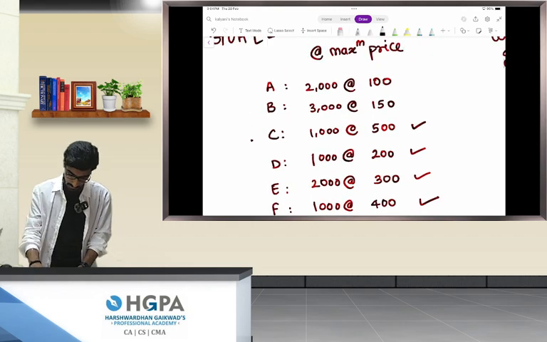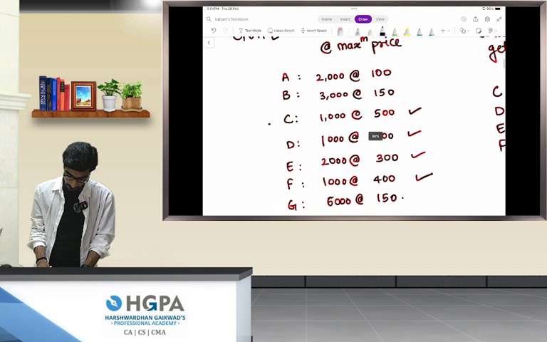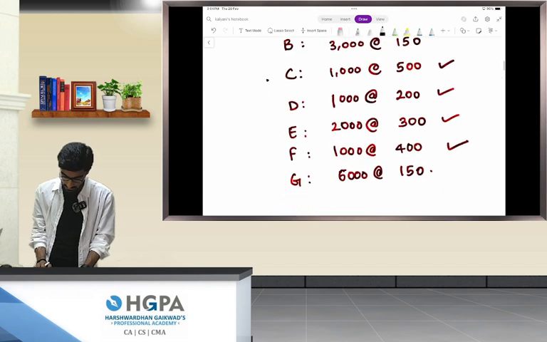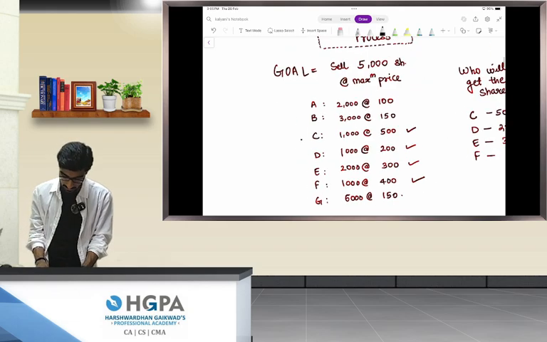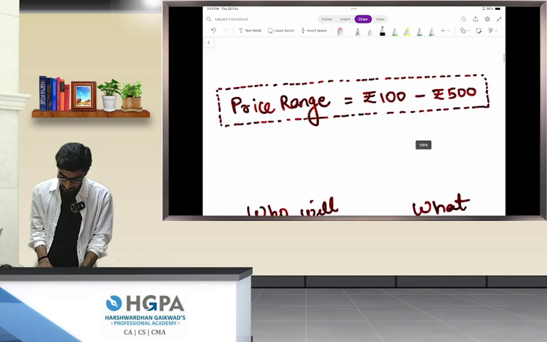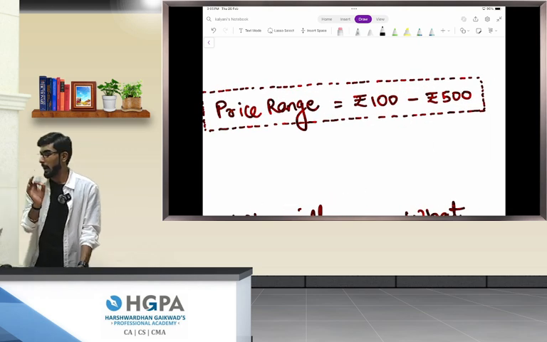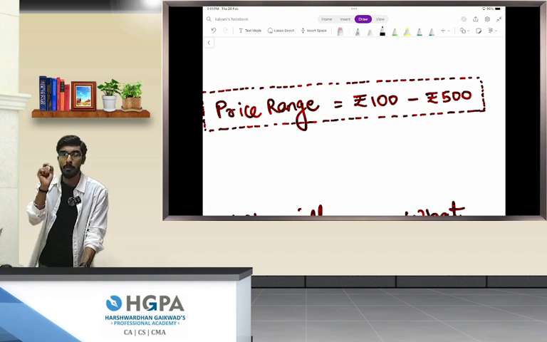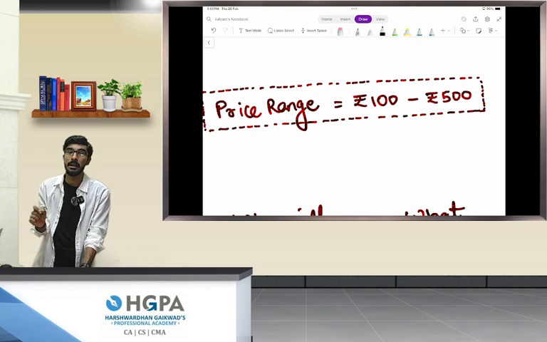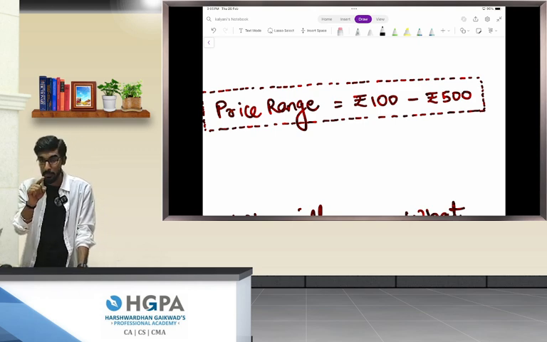Imagine A, B, C, D, E, F, G. These people have submitted the bids. Lenskart says that the price range for my shares should be between 100 to 500. That means whoever wants to purchase the shares has to submit a bid between rupees 100 to 500.